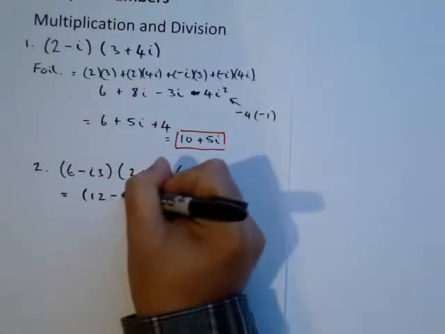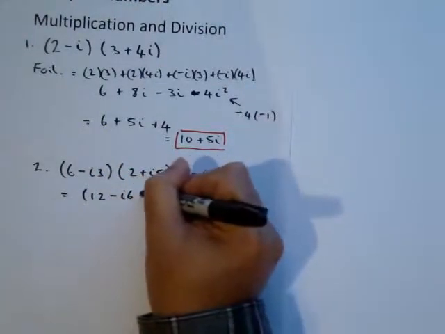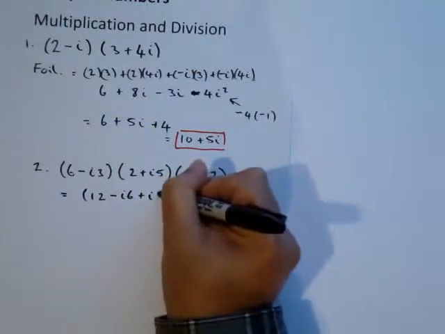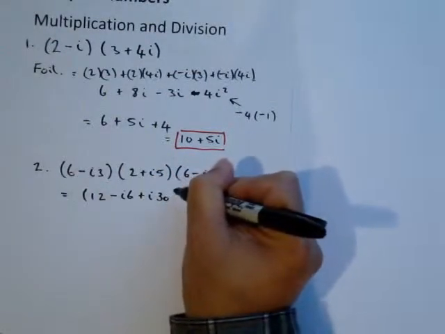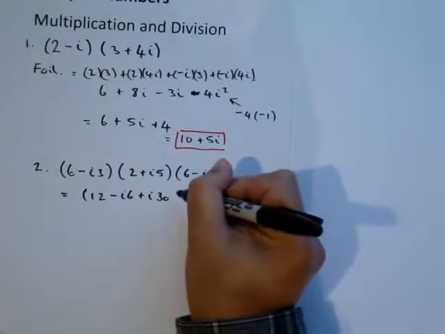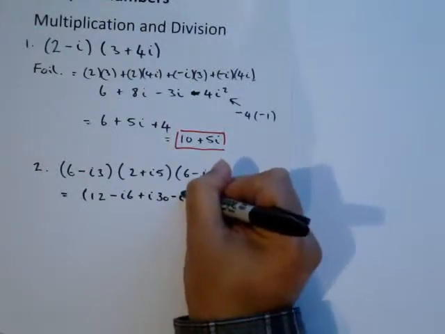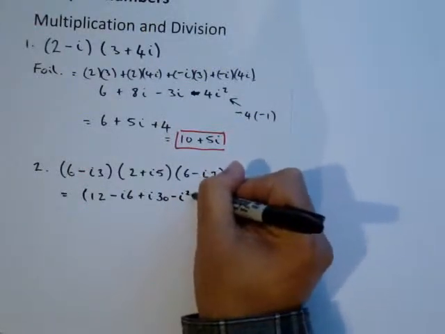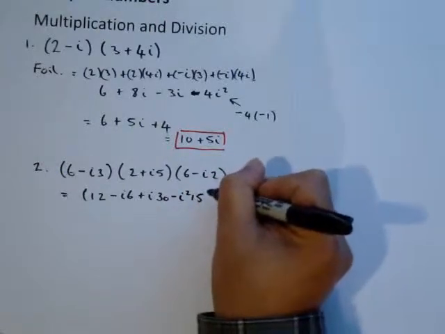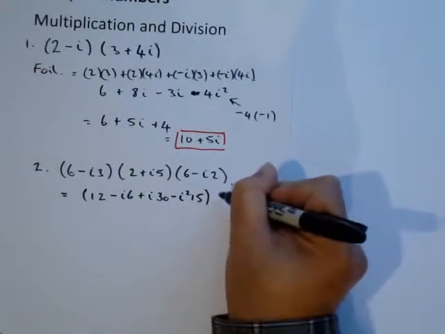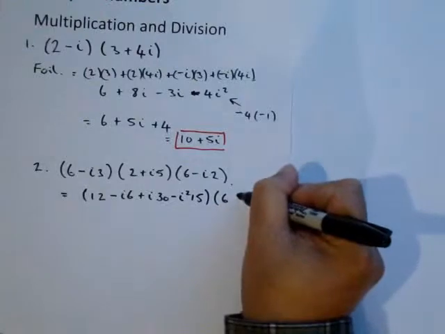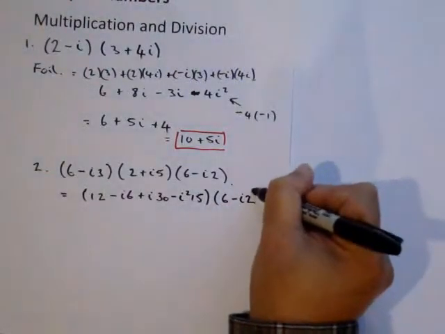12 minus i6 plus i30 minus i squared 15, and that's multiplied by the second bracket, which is 6 minus i2.